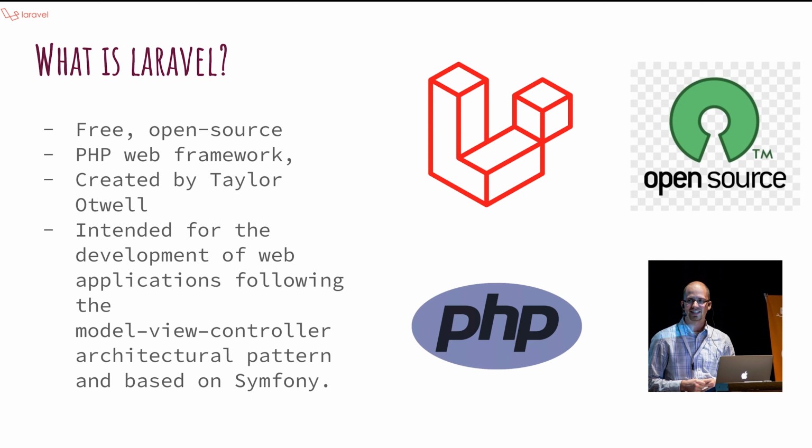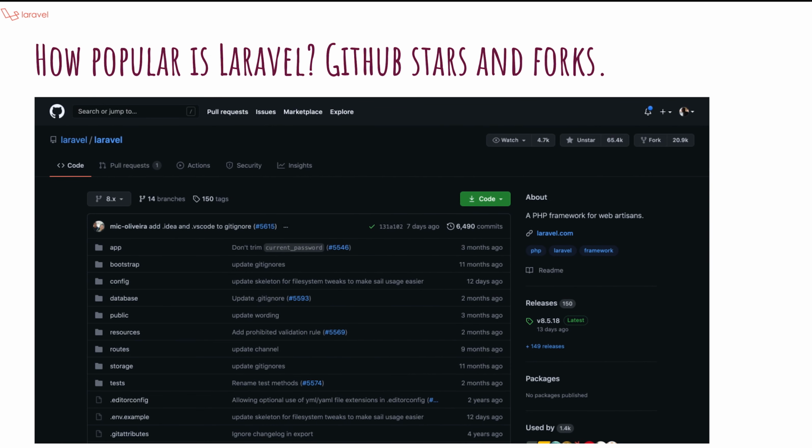Maybe if you see that Laravel is missing something, you can actually add code to it. So it is free and open source, and it's built on top of the PHP programming language. This framework is intended to develop web applications using the MVC architectural pattern, and is based on the Symfony framework. So we're going to look more into what the MVC architectural pattern means subsequently.